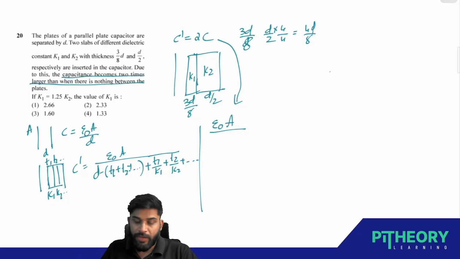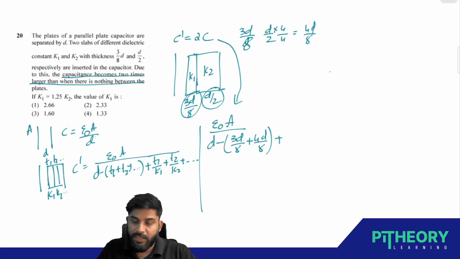So epsilon 0 A divided by total D minus the sum of these two thicknesses, 3D by 8 and D by 2, which is 4D by 8, plus T1 by K1, where T1 is 3D by 8, so 3D by 8 K1, plus D by 2, which is 4D by 8 K2.